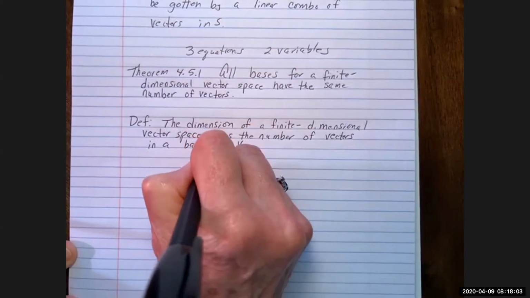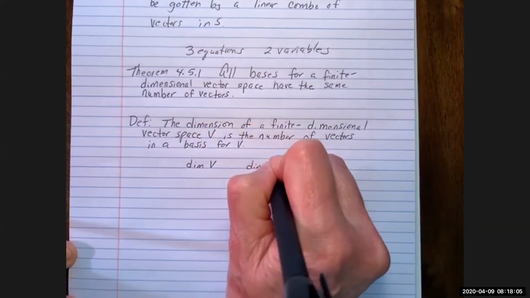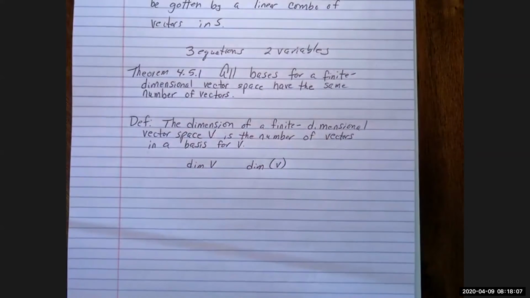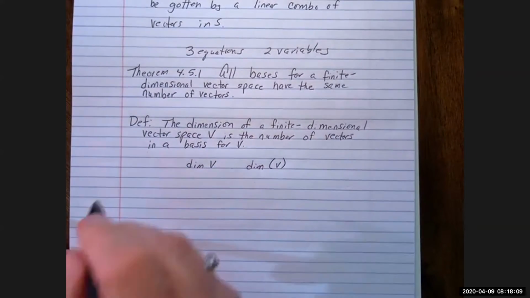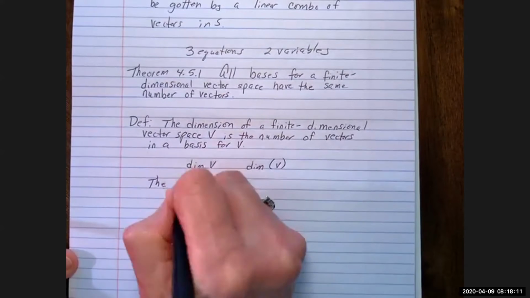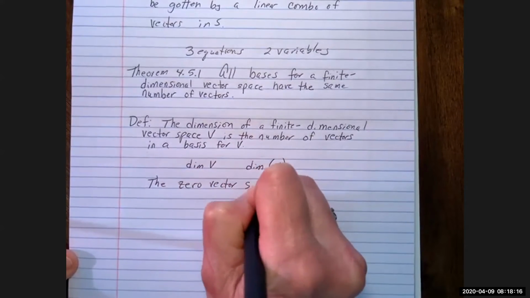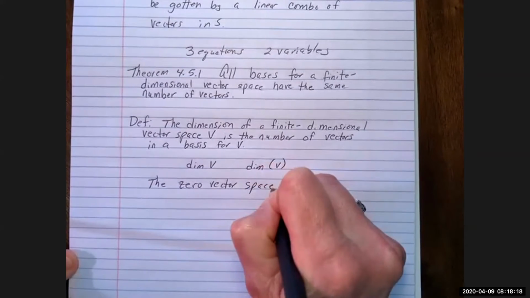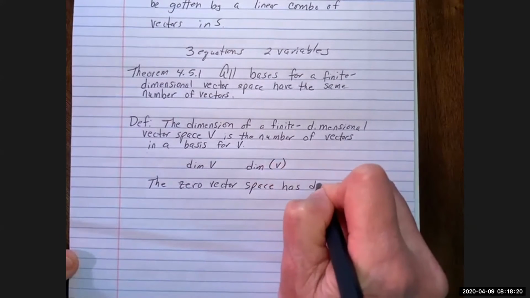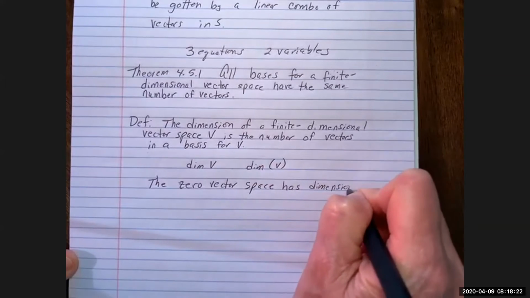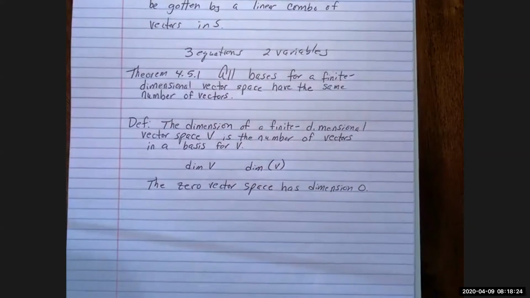You either write it this way or that way as a notation. And a special part of the definition is that the 0 vector space has dimension 0.